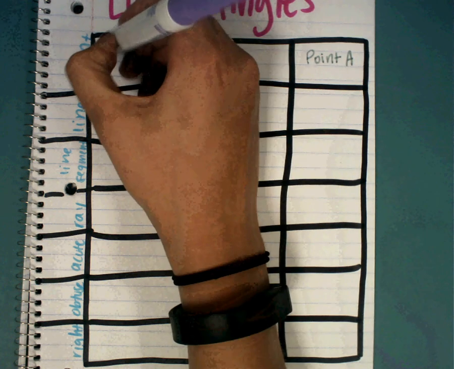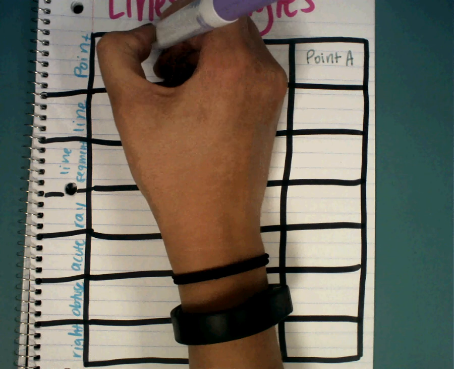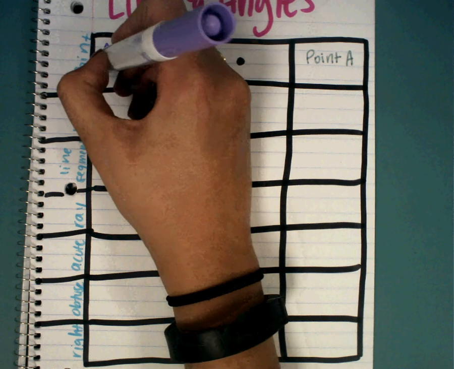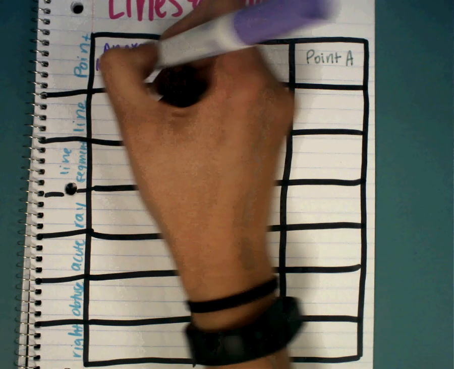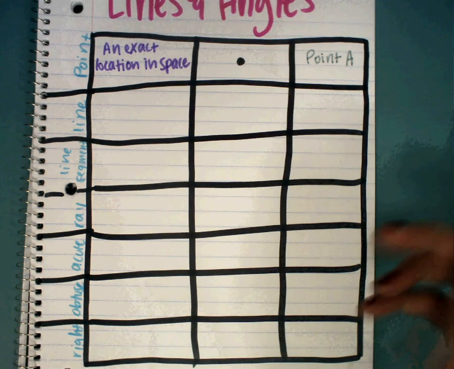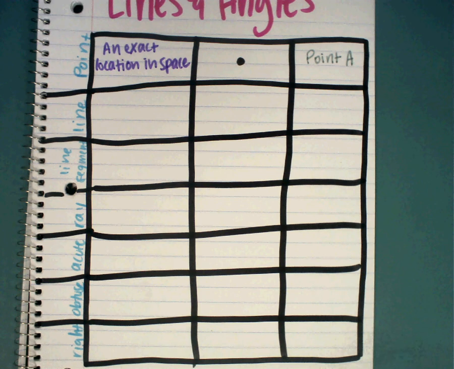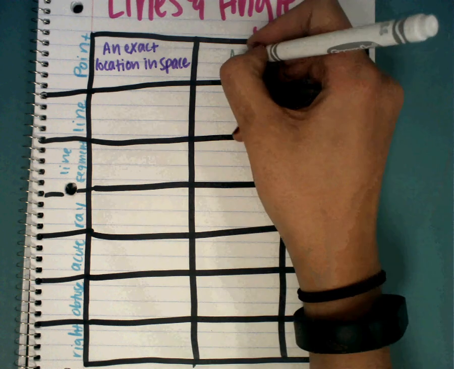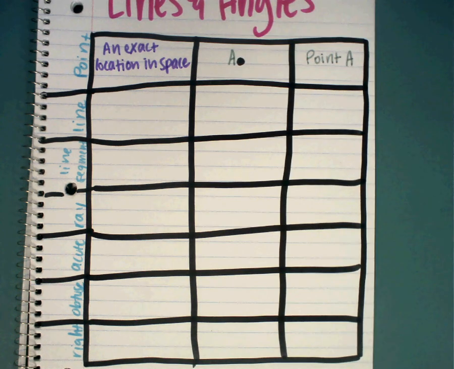And then, I said that was point A. Let's put a little A right here so we know that that is, in fact, point A. All right? So that is a point. A point is an exact location in space.